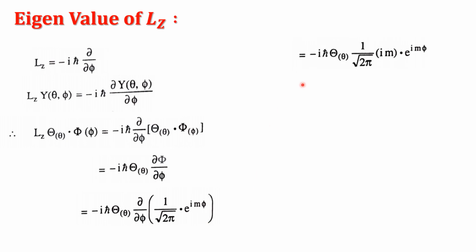The equation becomes: 1 upon square root of 2 pi is constant. Exponential, its differentiation is i m into e raised to i m phi. Simplify this term. We write Lz, since that term we take as it is, Y theta phi equal to m h cross, since i into i is i squared, which is minus 1, therefore minus minus plus, we get m into h cross as it is, theta as it is, and the total term 1 upon square root of 2 pi exponential i m phi, that is capital phi.